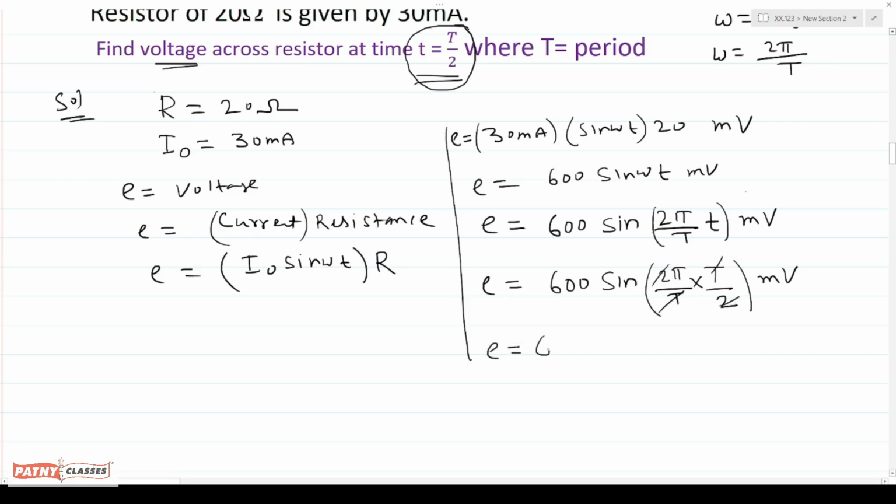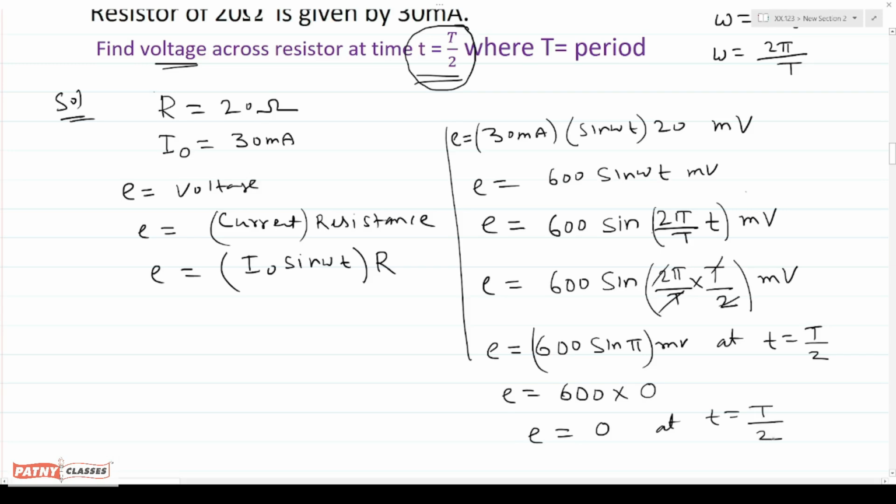Therefore E equals 600 sin pi. But sin pi equals 0. Therefore 600 into 0. Therefore E equals 0 at small t equals T by 2. This is the required solution.